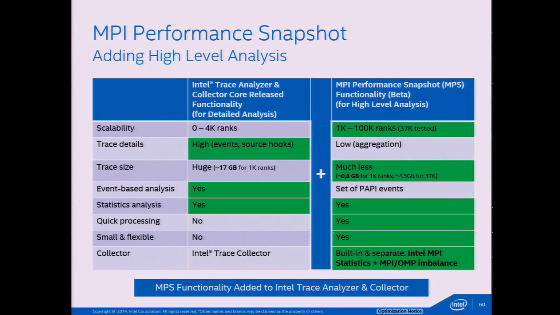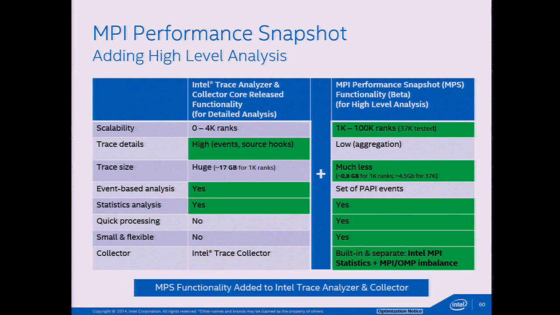So if we take a look at just the trace analyzer and collector versus the MPI Performance Snapshot, what is the reason for introducing this lightweight version in the first place? The scalability of the trace collector is really optimal up to about 4,000 ranks or so. At some point you're going to start hitting physical limitations of your system, how much memory you have available in order to do this analysis.